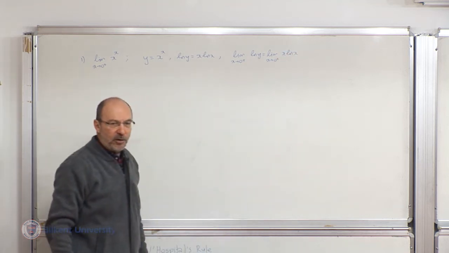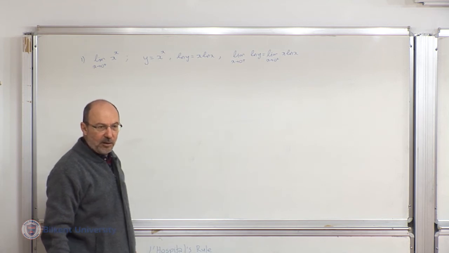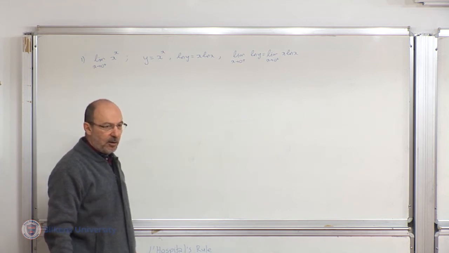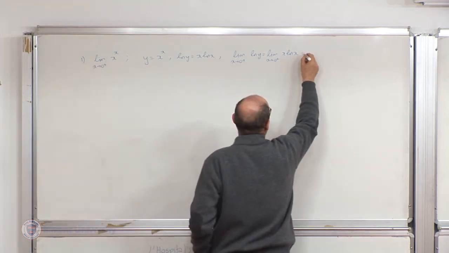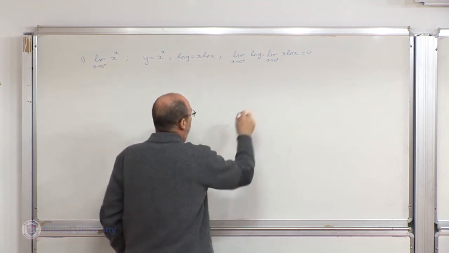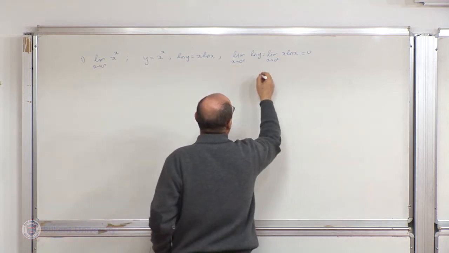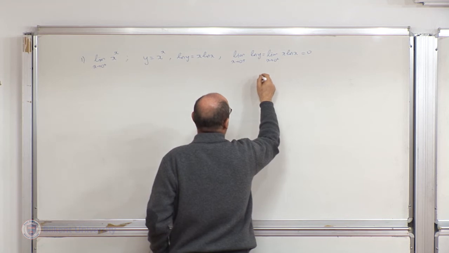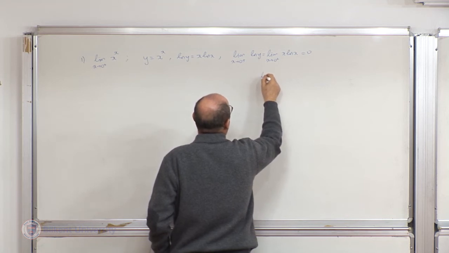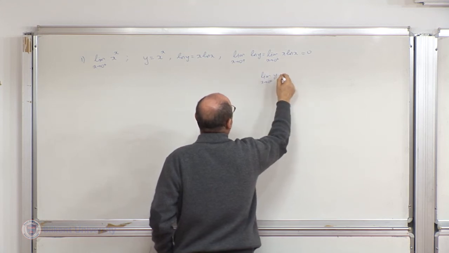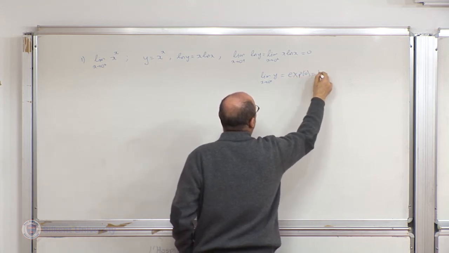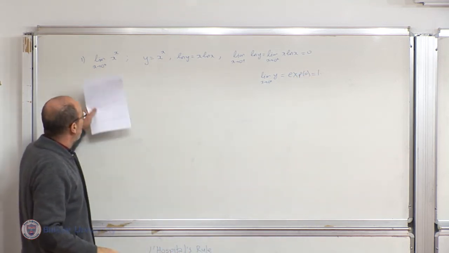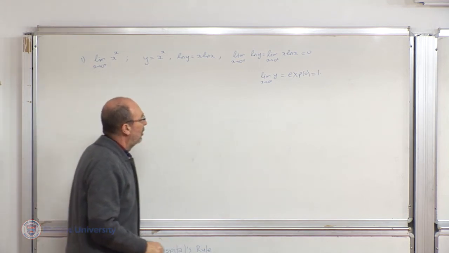Okay, so this is one of the limits that we know by heart. This x always beats a logarithm, so x says let's go to 0, everybody goes to 0. Now applying that here, the limit of y as x goes to 0 is e to the 0, which is 1. Okay, so the limit was 1.